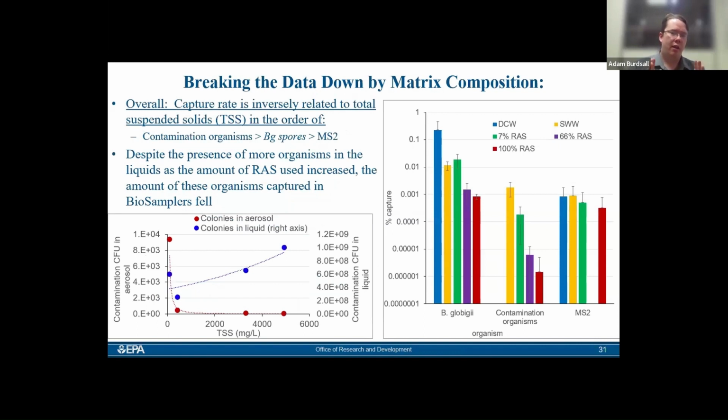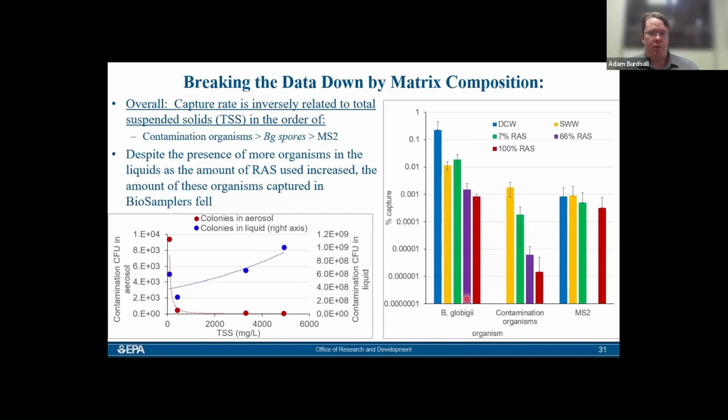Okay, so let's take that bar graph from the previous slide and split it apart so that we can see what the effect of each matrix type is. And we see some interesting trends emerging in this bar chart. These matrices are arranged in order from left to right of increasing total suspended solids, until we get to a matrix that is composed completely of return activated sludge.